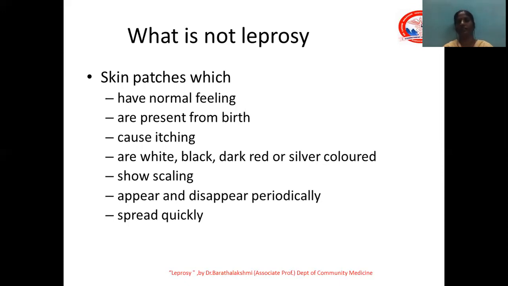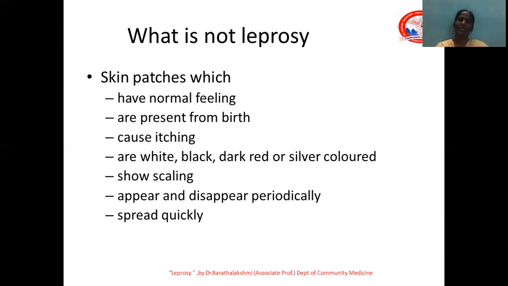Even a white nevus can present as a hypopigmented patch. And even pityriasis alba, then polymorphic light eruptions due to sun, and then vitiligo, post-inflammatory scar. Steroid application can leave the skin hypopigmented.